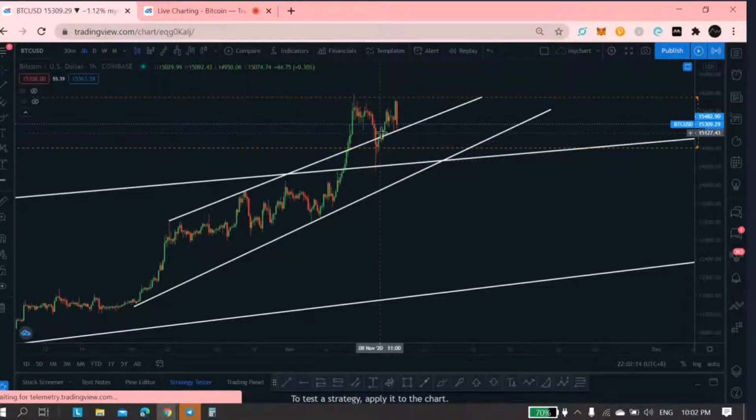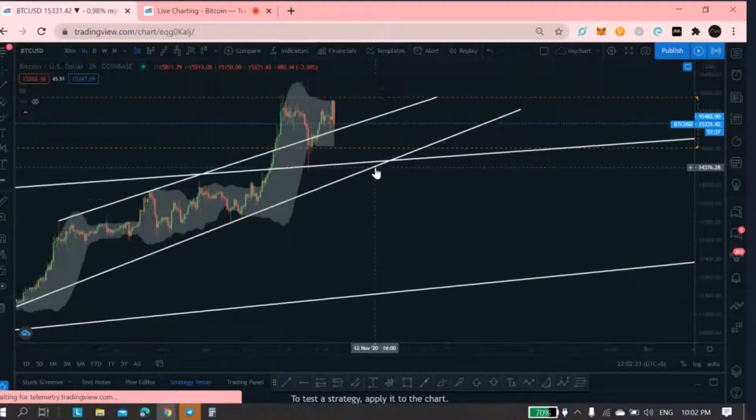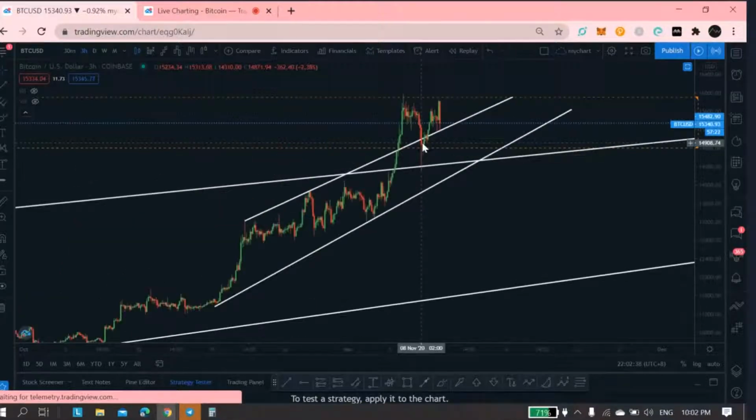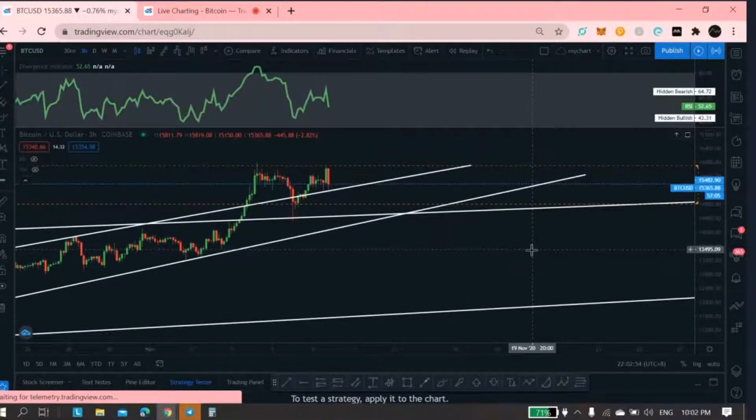I entered a long position because it's already a few hundreds outside the lower Bollinger Band. So it went outside. And as you can see, this is the possible resistance. So one, two, and then it broke this resistance, so it moved also higher.